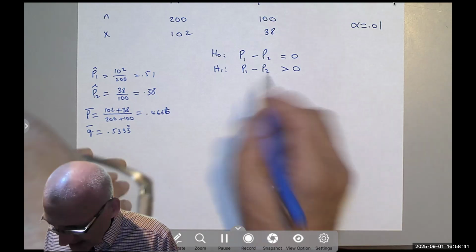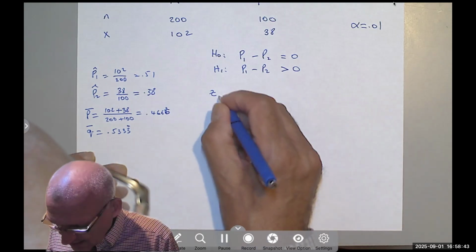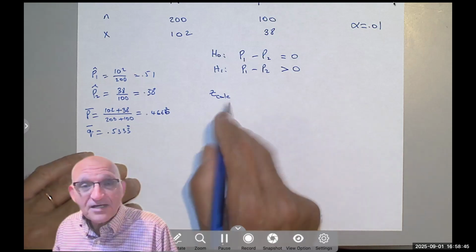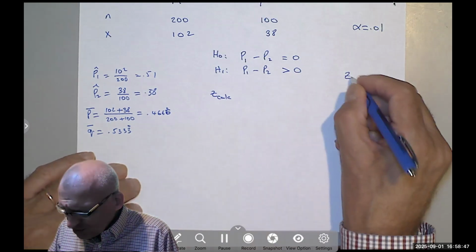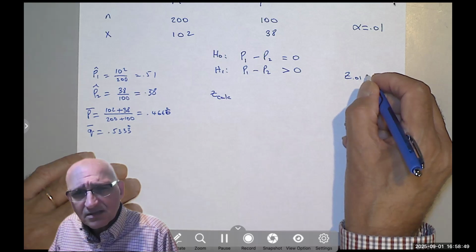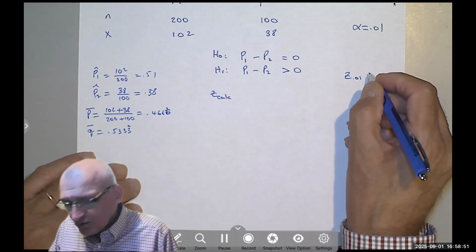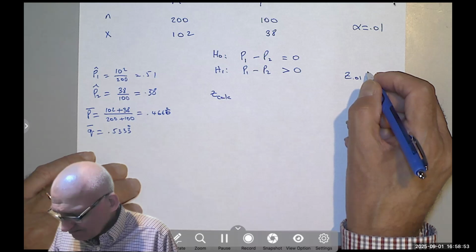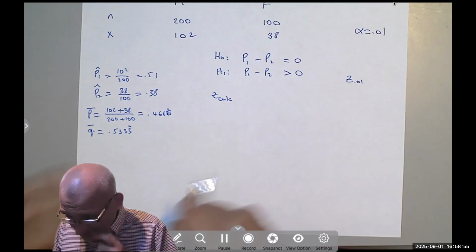Okay, so now let's calculate the Z calc. And here I will have to check what is Z 0.01. It's like 2.33 or something. We'll see.